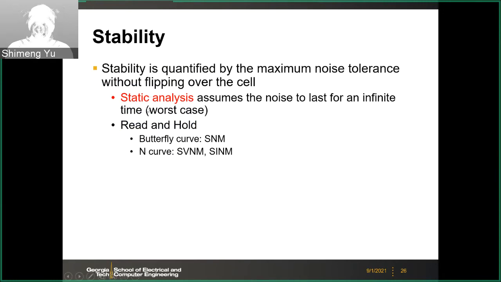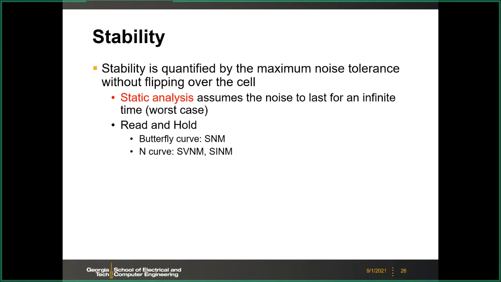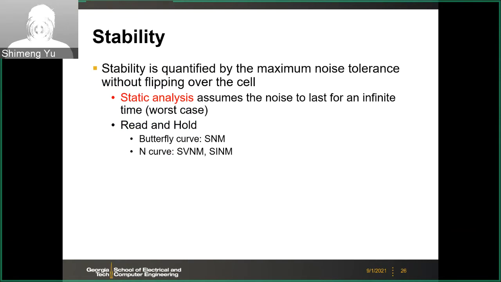And we can have the static analysis first, and then we talk about dynamic analysis. So the static analysis assumes the noise to last forever. This is, of course, a worst case condition. It's not in practice, but it's easier to get started.